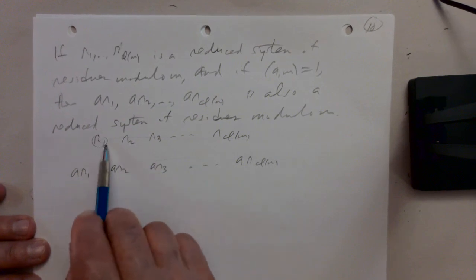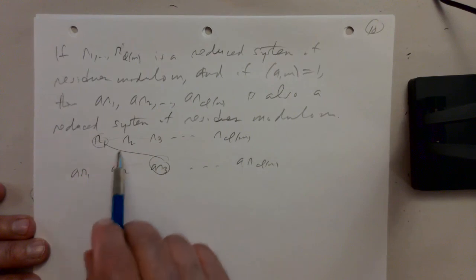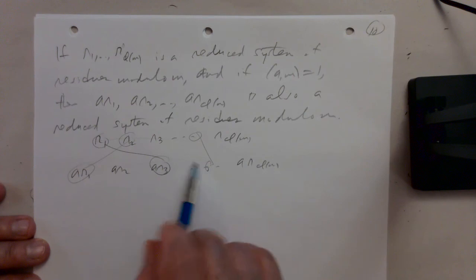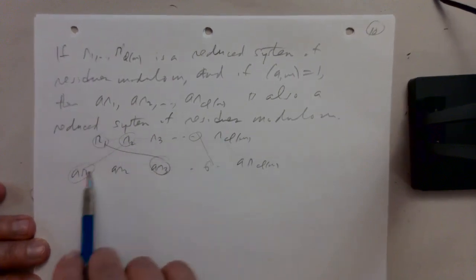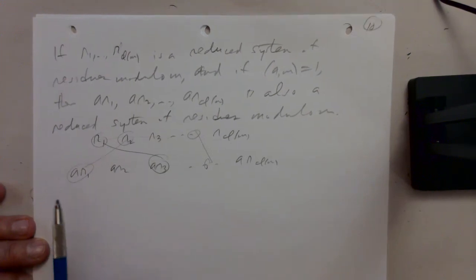So let's say maybe this and this are elements of the same congruence class. And in fact, we can pair these off. So every integer here is congruent to an integer here, and this is a one-to-one correspondence.